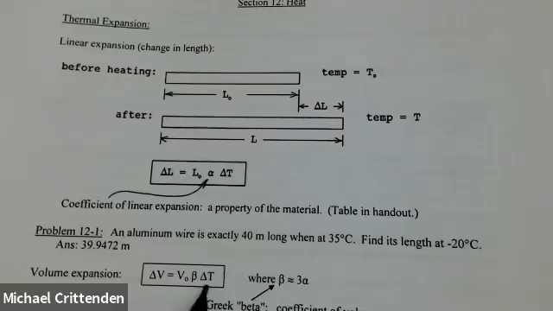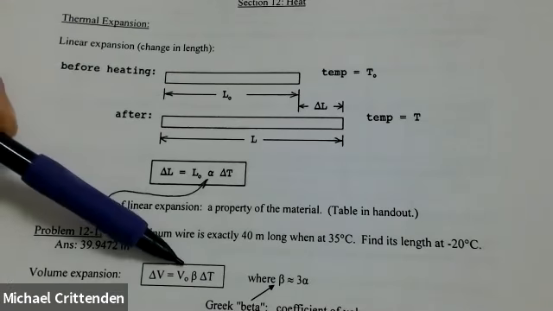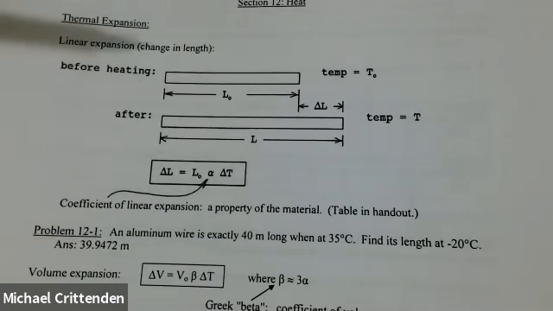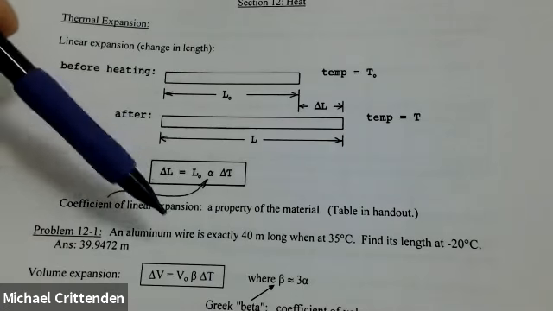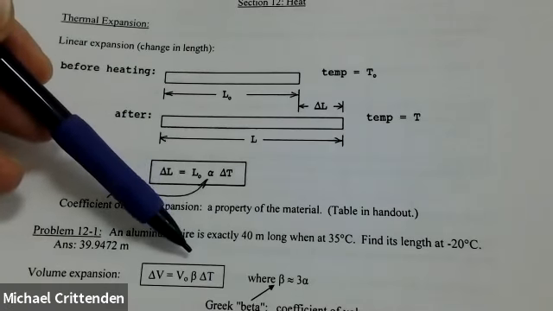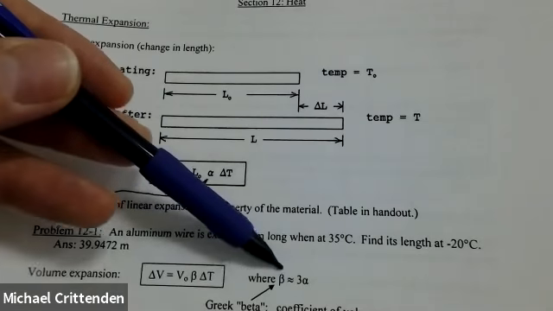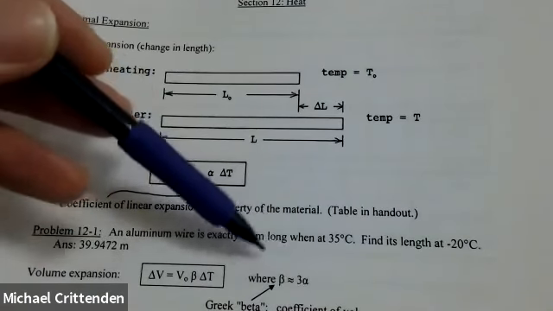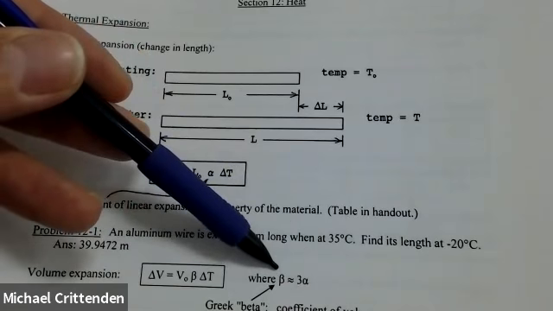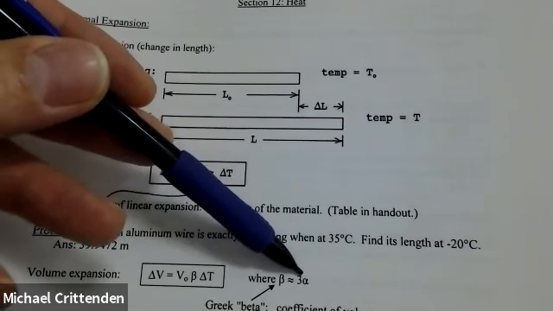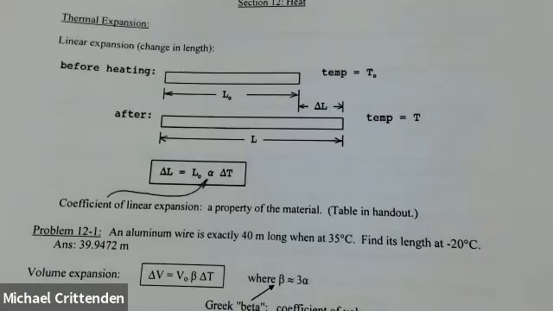Again, the temperature change and a property of the material, represented here by the Greek letter beta, which is like a Greek B, just like alpha is a Greek A. For materials where both are tabulated, you're going to find that beta is almost exactly equal to 3 times alpha.